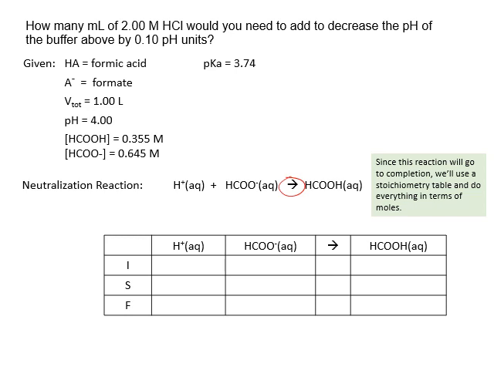So how are we going to fill in this table? Well, we're starting with a buffer with known concentrations of formic acid and formate. Recall that molarity is defined as moles over volume, so we can rearrange this equation to solve for moles. The moles of the component in a solution are going to be equal to the molarity times the volume.